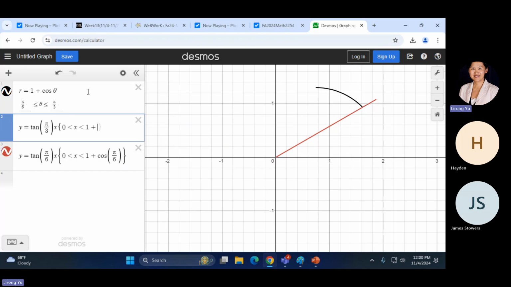So the 1 plus cosine would be the boundary of that one. Isn't that supposed to be the one? You said 1/2? It'd be 1.5. Why? 1 plus cosine, 1.5, yes.